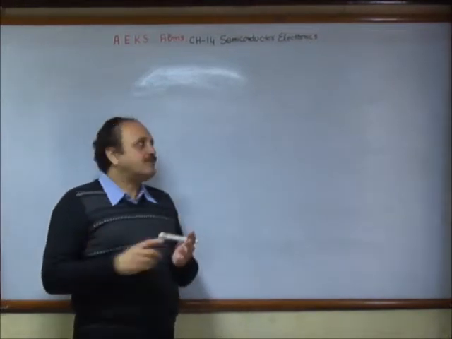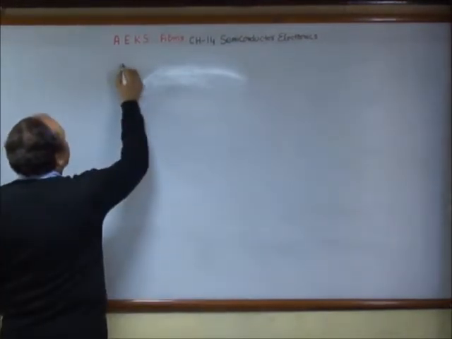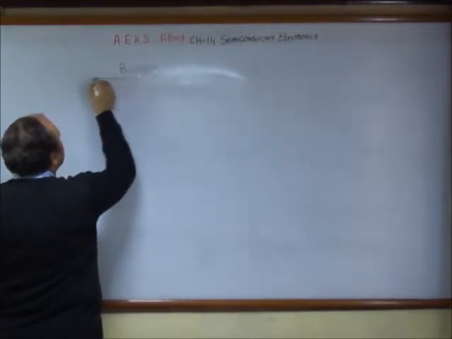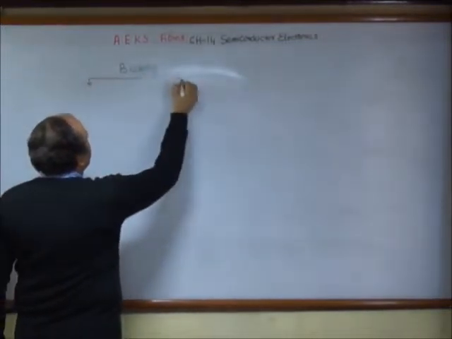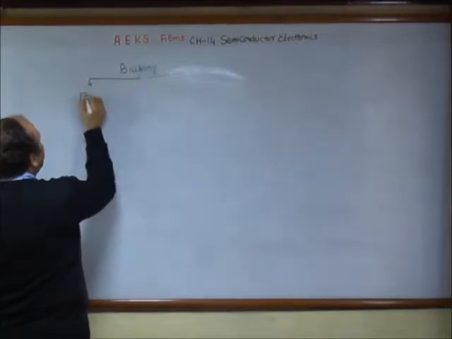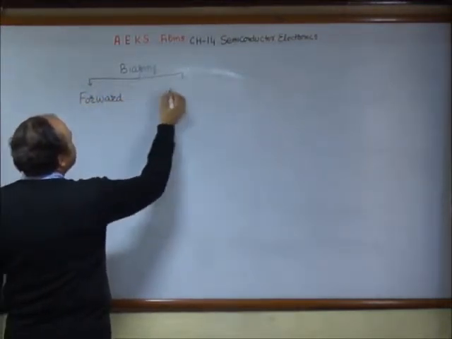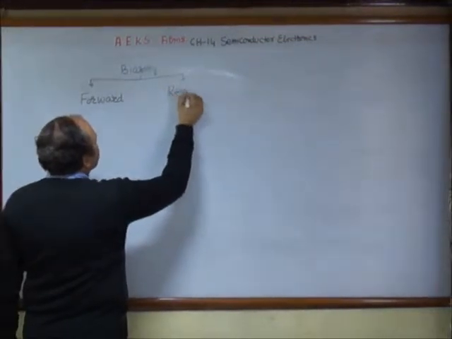Biasing, which is of two types as I told you. One is called forward biasing and the other is called reverse biasing.